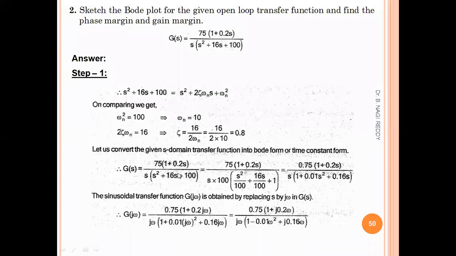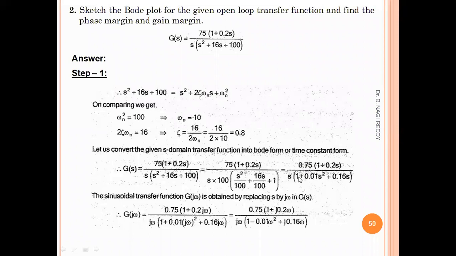You can see here the simplification is done by taking the 100 as common. In the numerator we are having 75, so take the 100 as common, and 75 by 100 we will get 0.75.